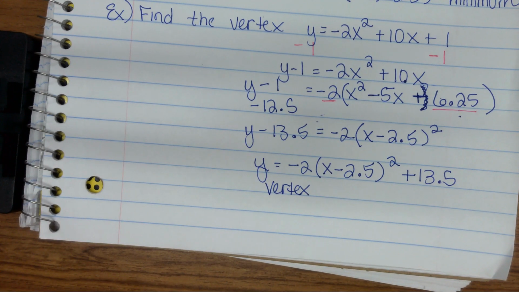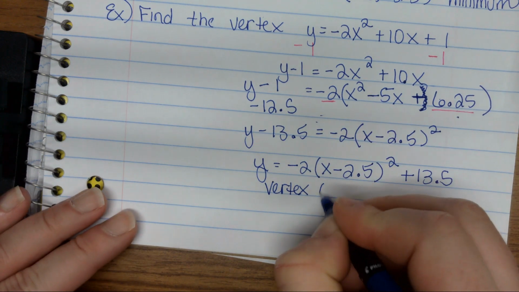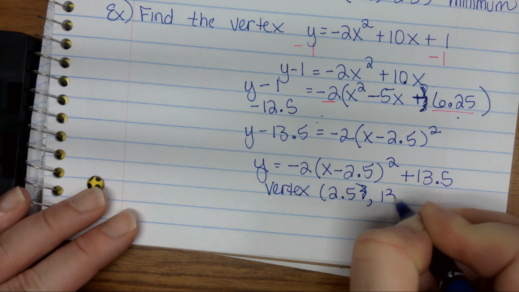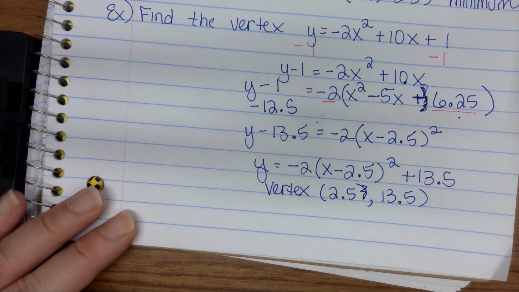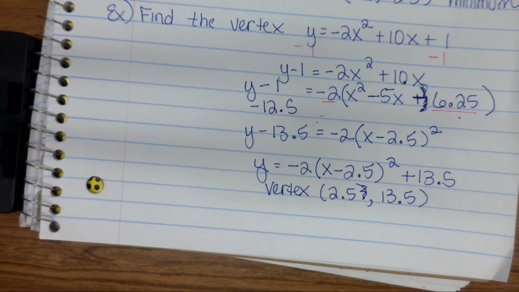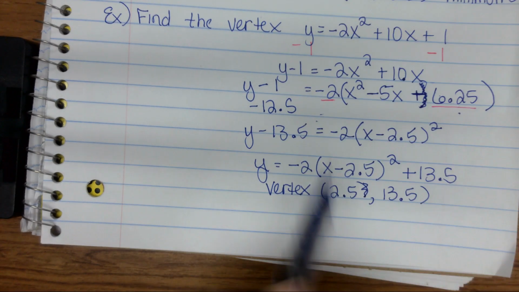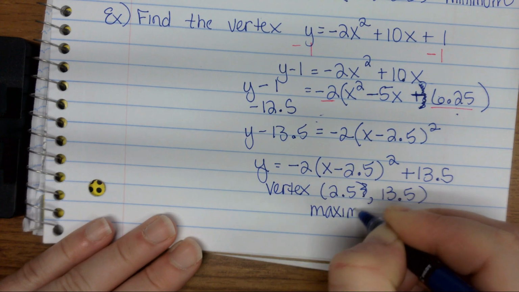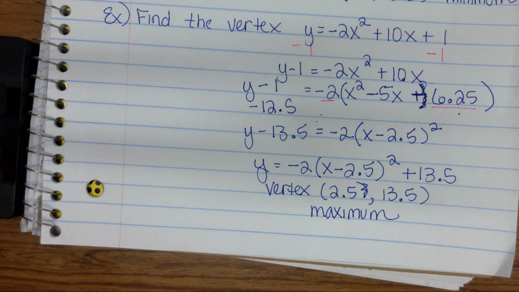So my vertex of this would be positive 2.5, 13.5, and is this a minimum or a maximum? Yep, it opens down, so it's a maximum. You probably want to do one more like that together, but we'll do one of the ones on your worksheet.